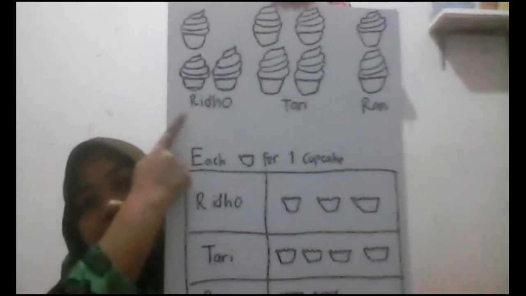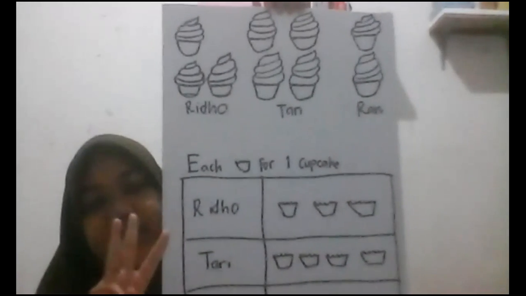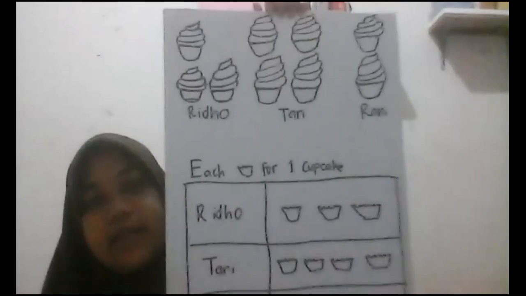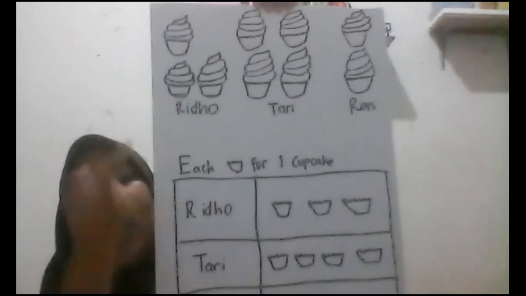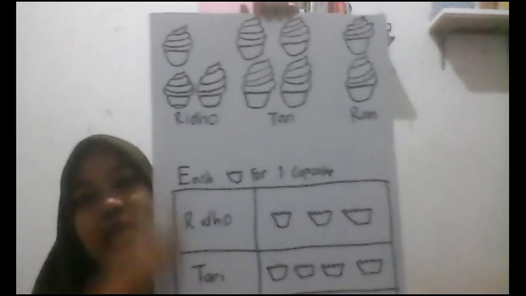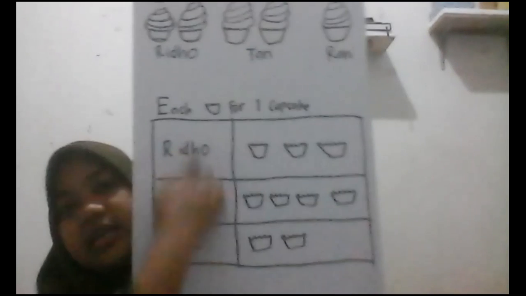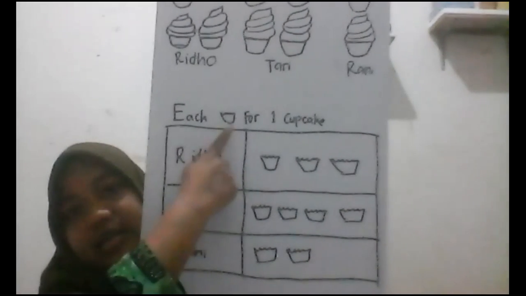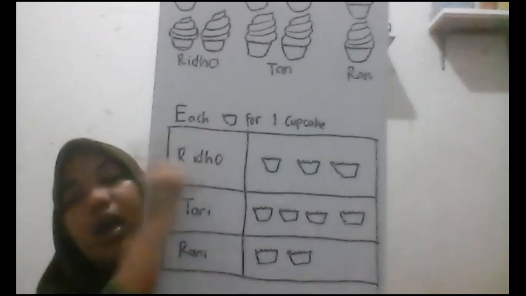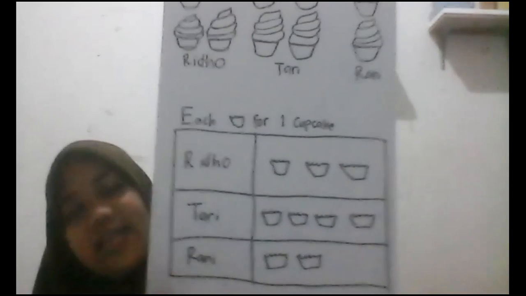The first student is Rido, who makes 3 cupcakes. The second is Tari, who makes 4 cupcakes. And Rani makes 2 cupcakes. And I represent this data by using this pictogram. So each picture like this will represent 1 cupcake.